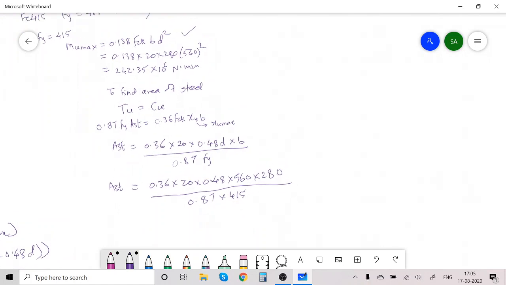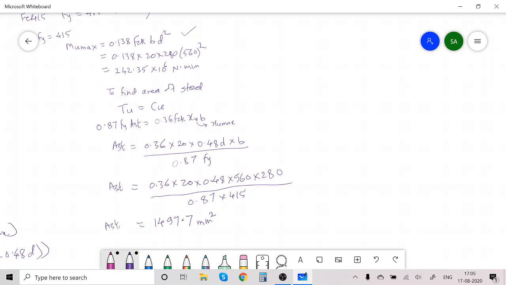So after calculation, we get Ast as 1497.7 mm square. So this is the required answer.